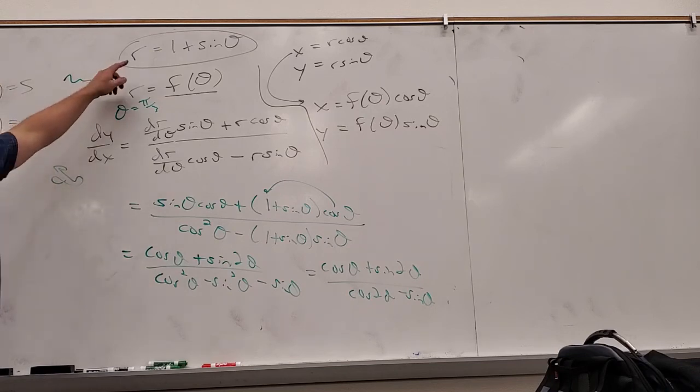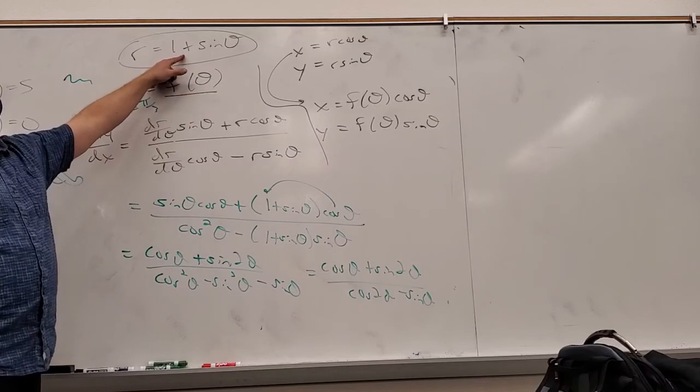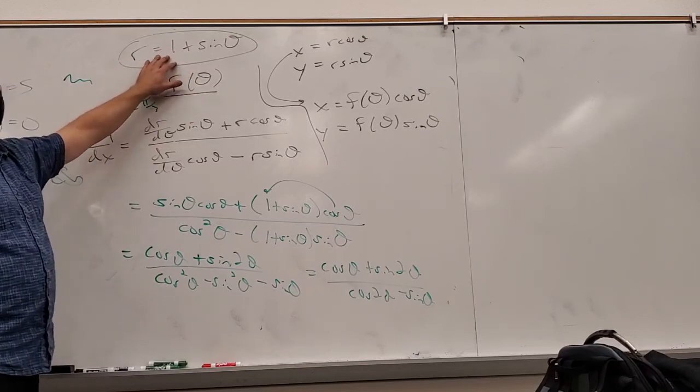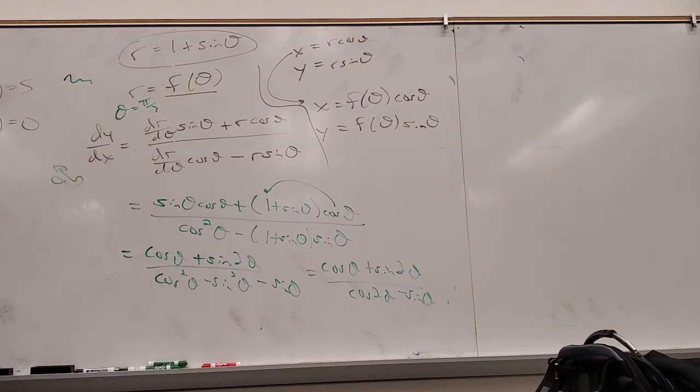Oh, yeah, if I'm defining the trajectory of something using this, it's a little bit weird because there's no explicit time dependence. As my theta changes, r changes like that. So at 0, r is 1, yes? Because the sine of 0 is 0, right?